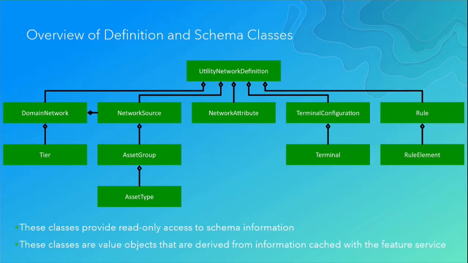So you can go check those out in the API reference. Important thing to note though, these are read-only access, like I mentioned, so you can't make any changes. And finally, they are value objects that are derived from information cached with the feature service. So calling any of the routines in this section, any of these classes, is not going to generate a round trip to the service. So they're pretty fast.